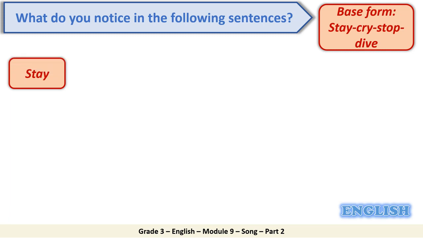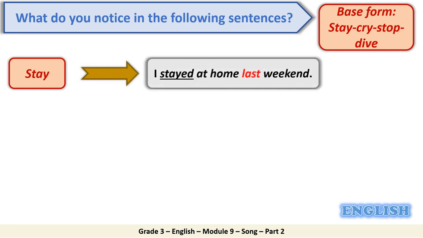Our example in the past tense will be I stayed at home last weekend. What can you notice about the verb stayed? How did we form the past tense? Can you tell me? Very good. We formed the past tense by adding ed to the verb stay.